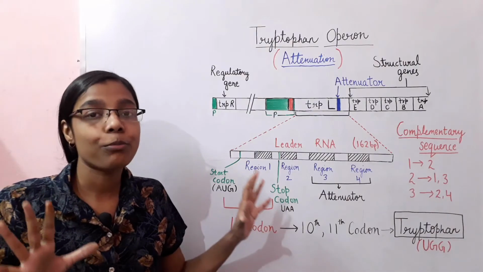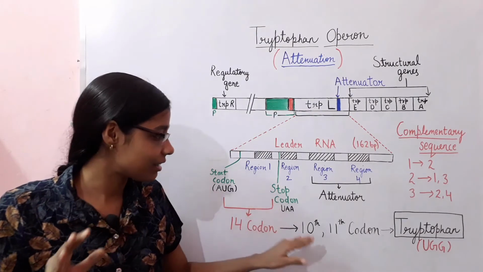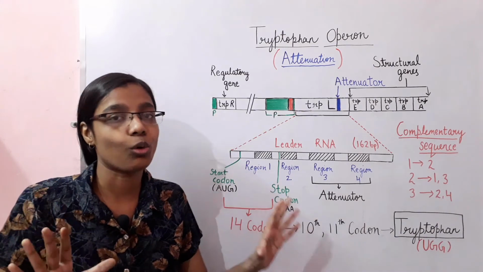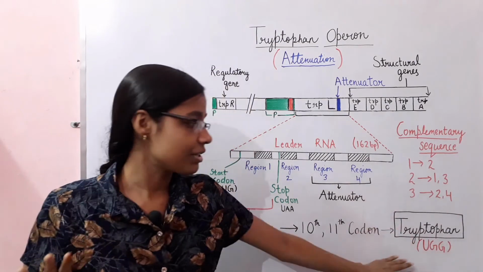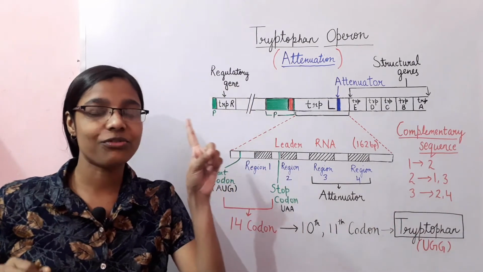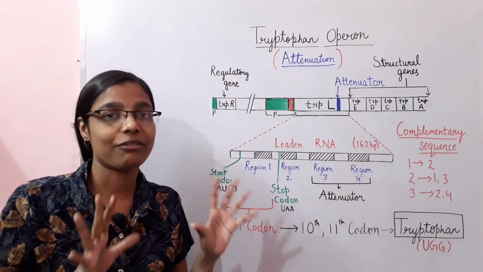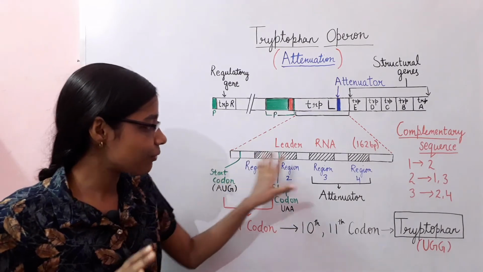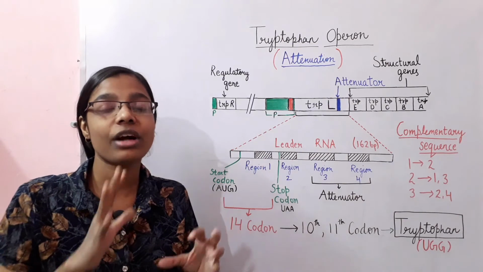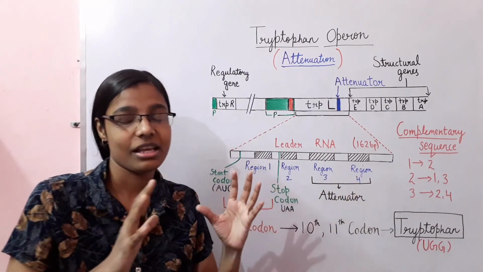The main important point here is that the 10th and the 11th codons within region 1 encode tryptophan, which is UGG. This is a very important point that you have to focus on. Later I want to tell you that these 4 regions consist of complementary sequences.